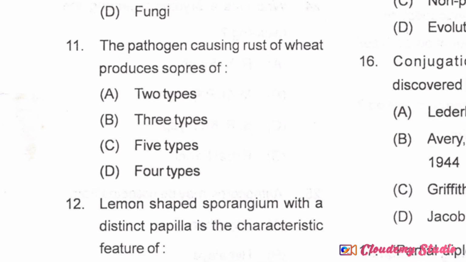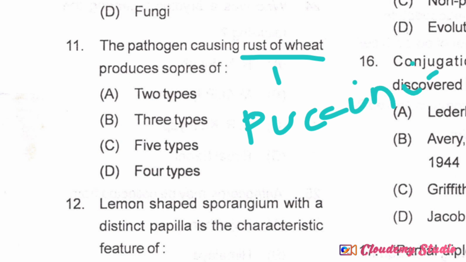Coming to question number 11, the pathogen causing rust of wheat produces spores of. The rust of wheat is caused by a Basidiomycetes group fungus named Puccinia graminis.